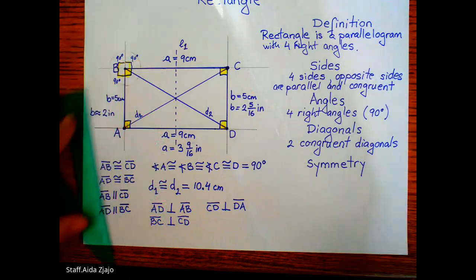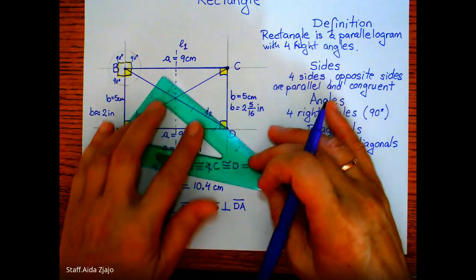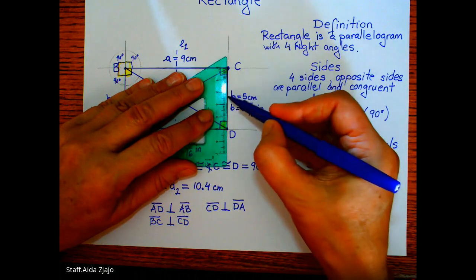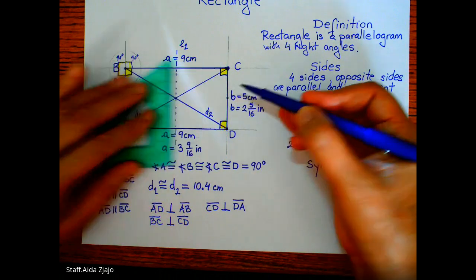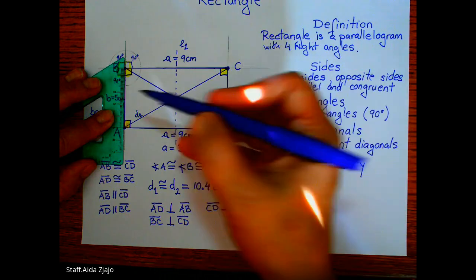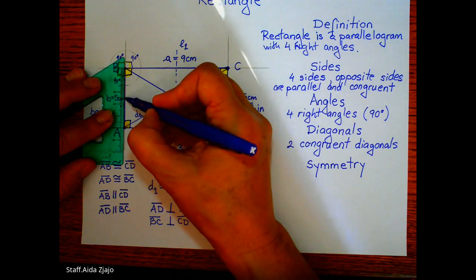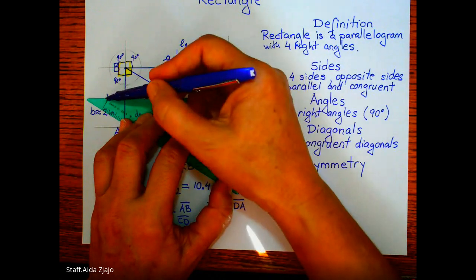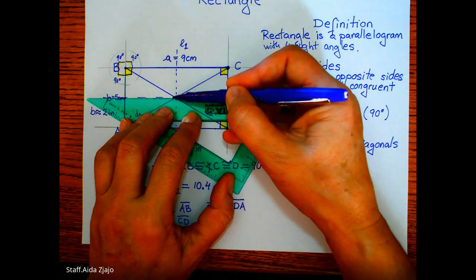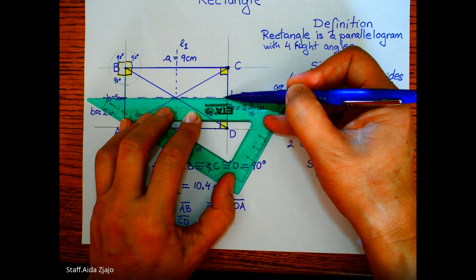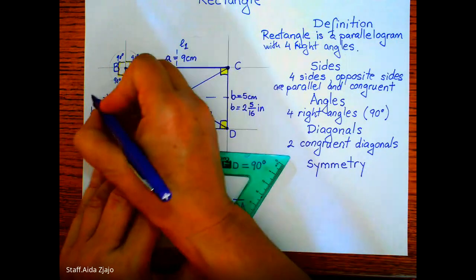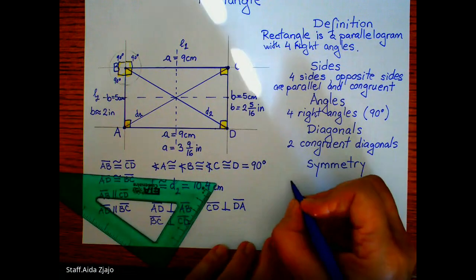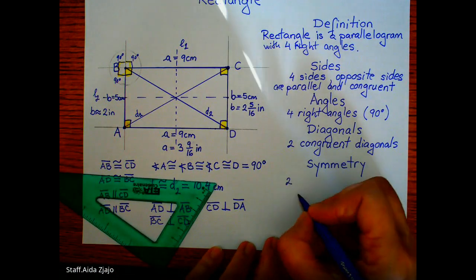That's one line of symmetry. We can also look at 2.5 centimeters, half, here 2.5 and here 2.5. It cuts the rectangle horizontally into two identical parts, and that is line of symmetry 2, L2. So we have two lines of symmetry.